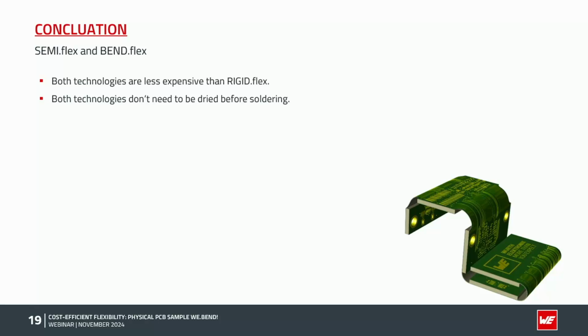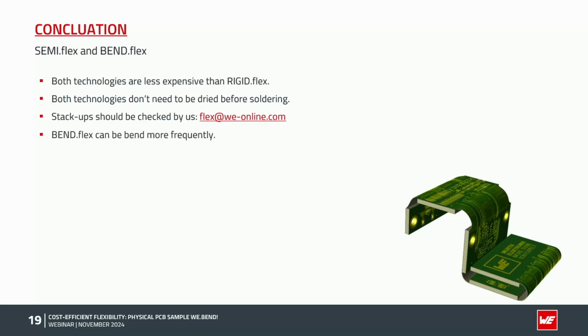What is very important for those technologies is that you talk to us about the stackups. So if you have a concrete case where you want to use semi.flex or bend.flex, please let us know at flex@we-online.com. We can have a look and we can help you with the stackups so that the PCB can be bent very well afterwards.